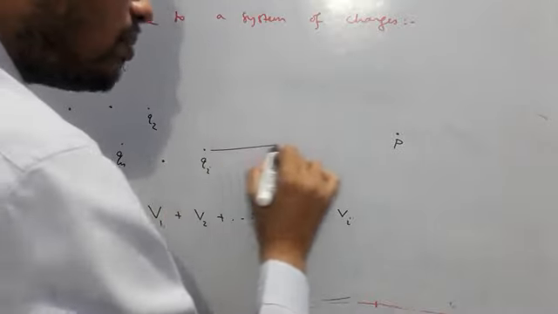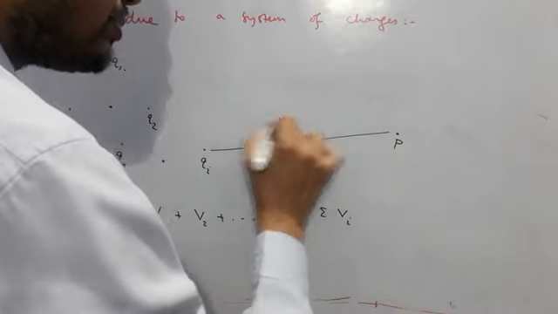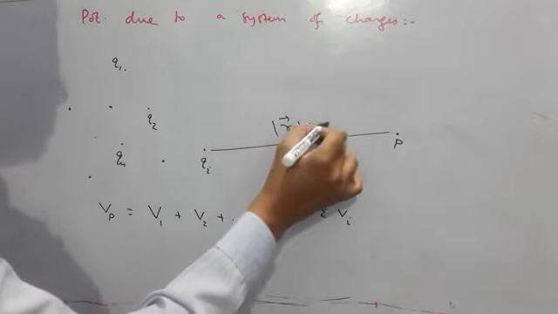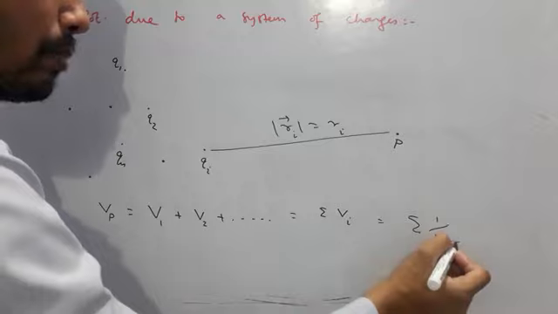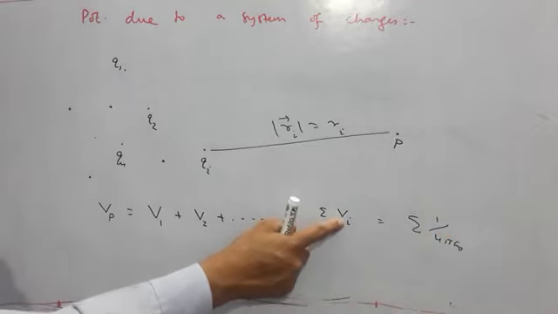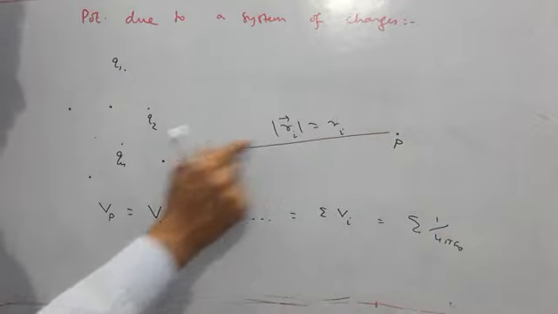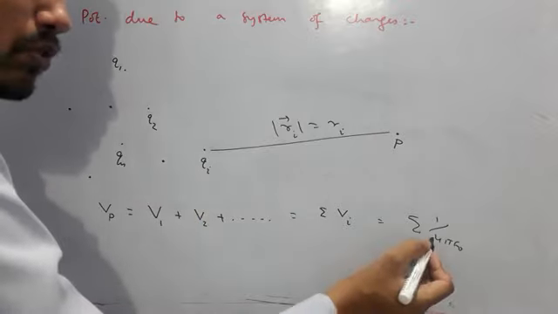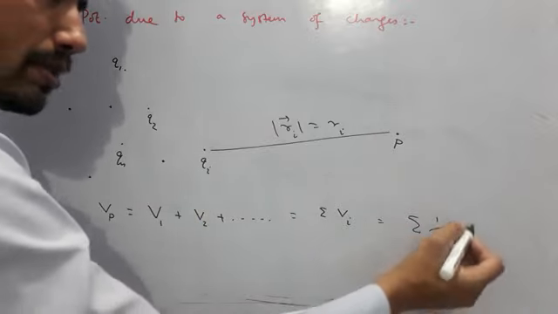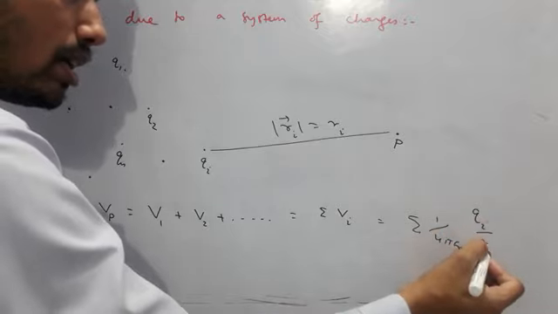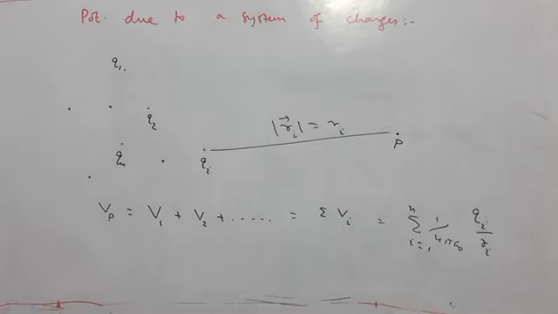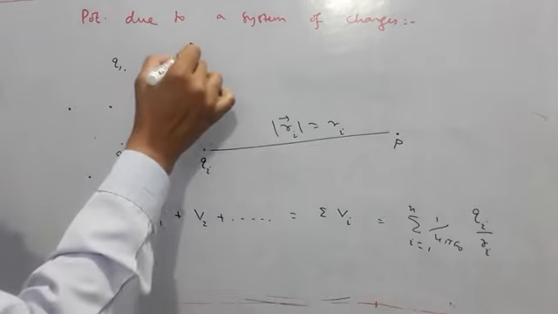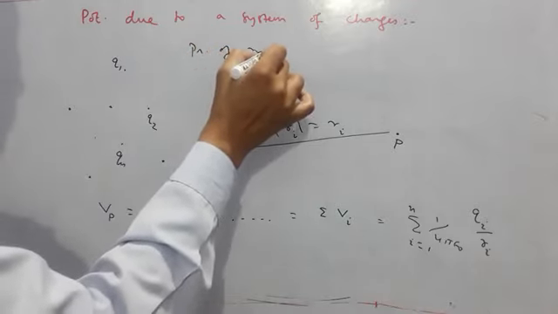Now if this distance be Ri, then this can be written as the summation of 1 by 4 pi epsilon naught times, I am writing the value of Vi. The value of potential at P due to a point charge Qi is given by which formula? Just now we saw 1 by 4 pi epsilon naught times Qi upon Ri. So this sum runs from 1 to n if there are n discrete charges. This is simply what we can call the principle of superposition.